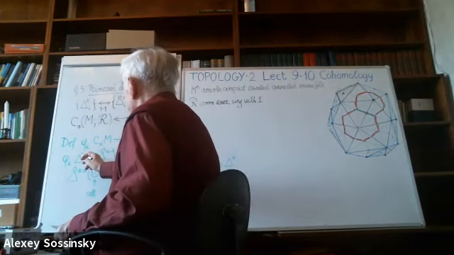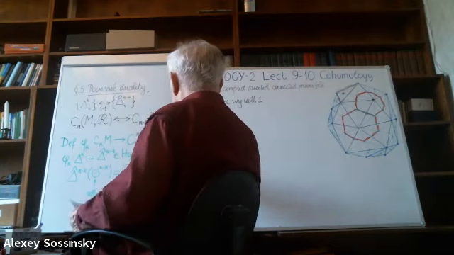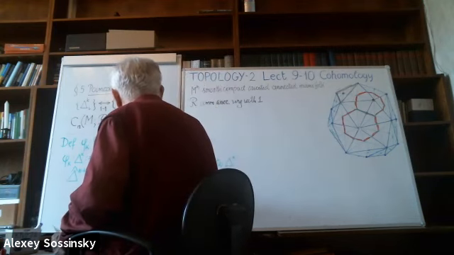We're starting from d_k. So if it's dual, we'd have 1, and we write 0 otherwise.